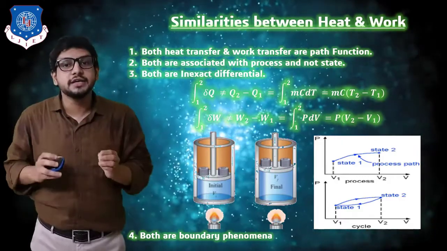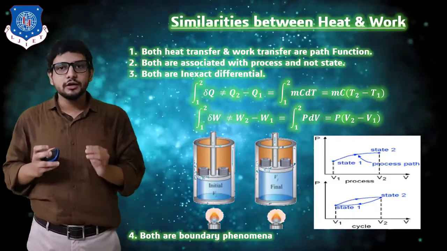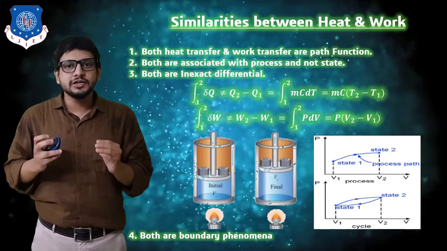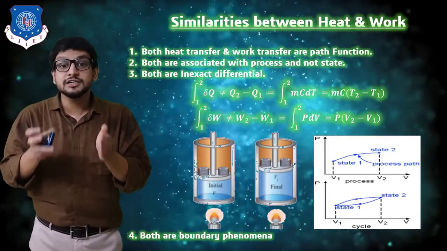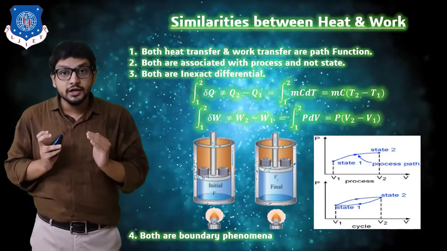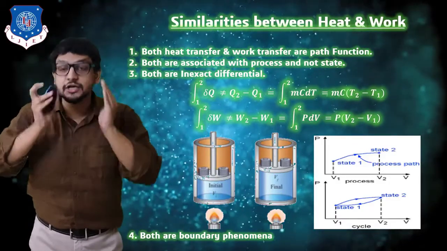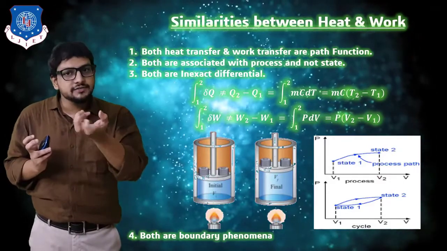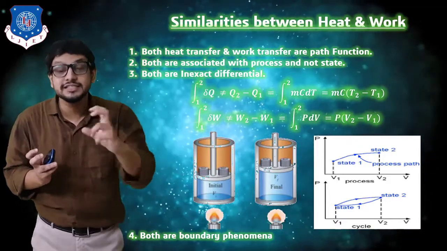Now the next point is that both are boundary phenomena, that is, heat transfer and work transfer are boundary phenomena. What does this mean? We would say that heat transfer occurs across a system boundary. You can see on your screen that heat energy is given which crosses the cylinder boundary and enters the cylinder, heating the gas, which means heat transfer is a boundary phenomenon that occurs across a system boundary.